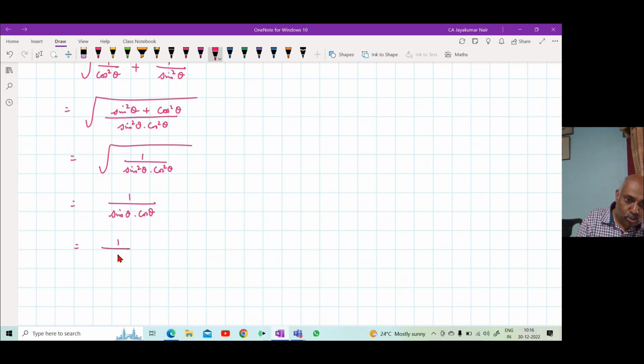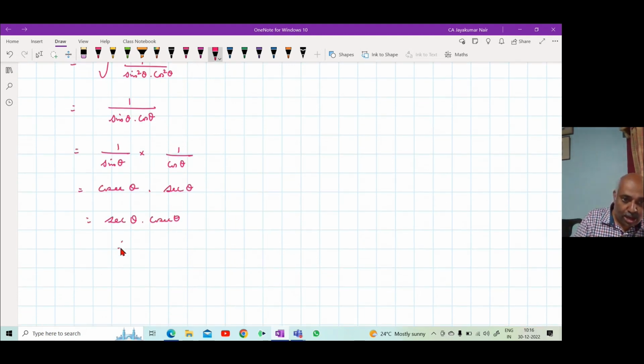This is nothing but 1 over sine theta into 1 over cos theta. 1 over sine theta is cosec theta, and 1 over cos theta is sec theta. This is nothing but sec theta into cosec theta, which is what they asked you to prove. Therefore, LHS is equal to RHS.